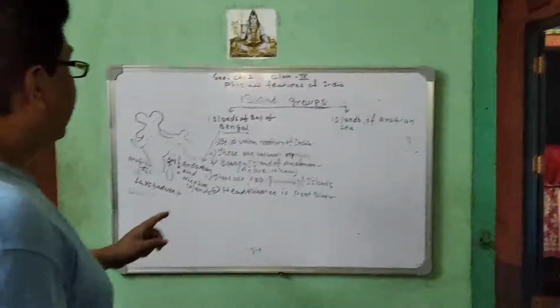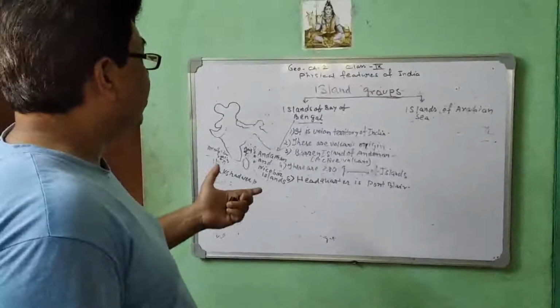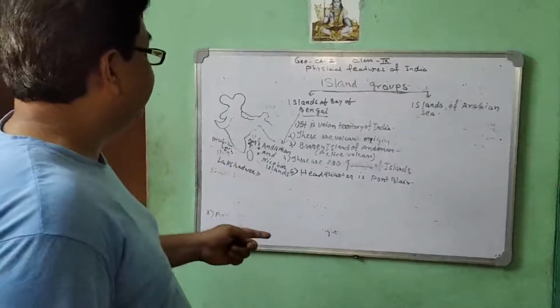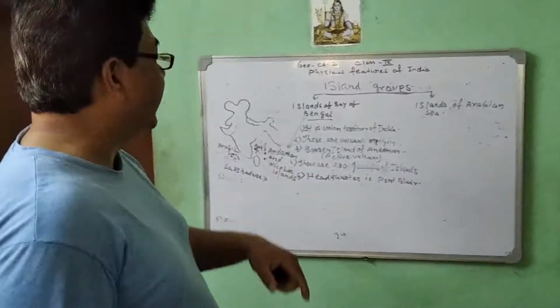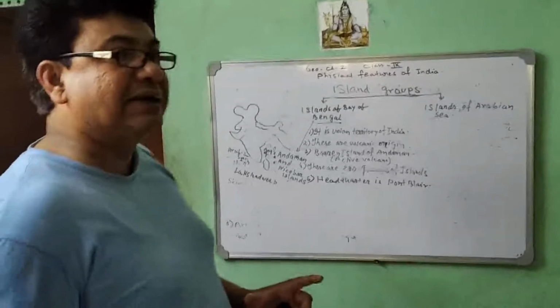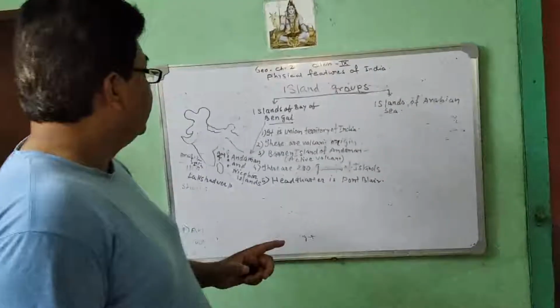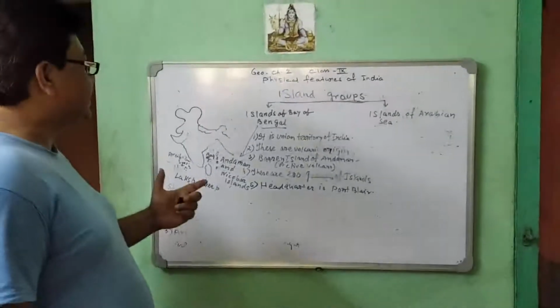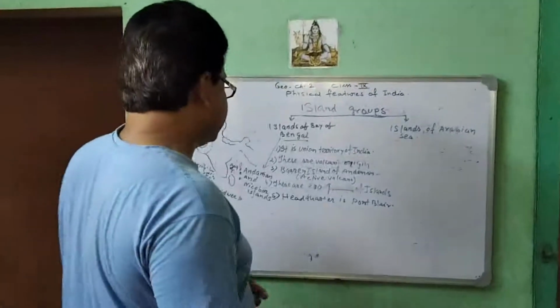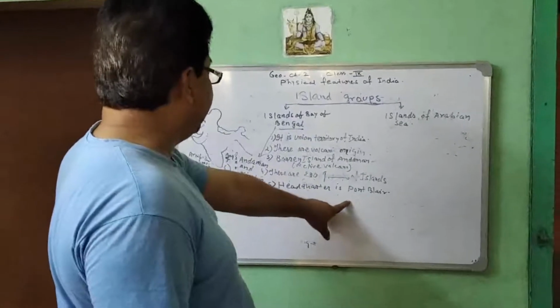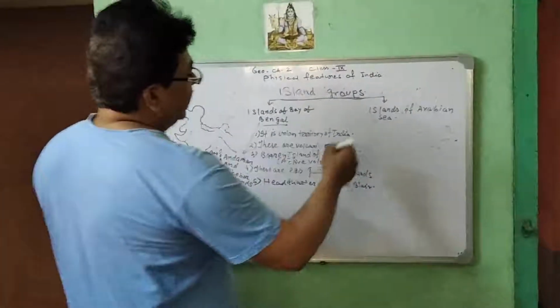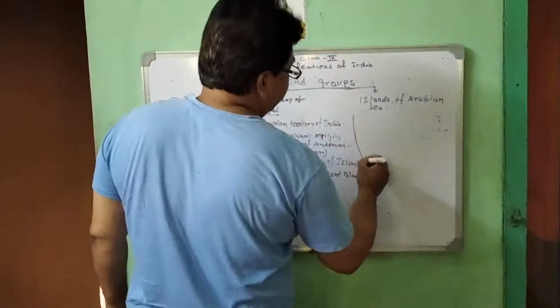One active volcano is located in Andaman on Barren Island. There are 200 islands, and at most 20 are inhabited; the others are reserve forest. Headquarters is Port Blair. So, this is the island group of the Bay of Bengal.